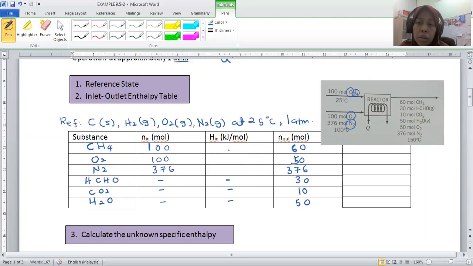For the heat of formation method, we need to calculate the enthalpy even though the temperature in equals the reference state. I will show the calculation later. We just note these as H1, H2, H4, H5, H6.